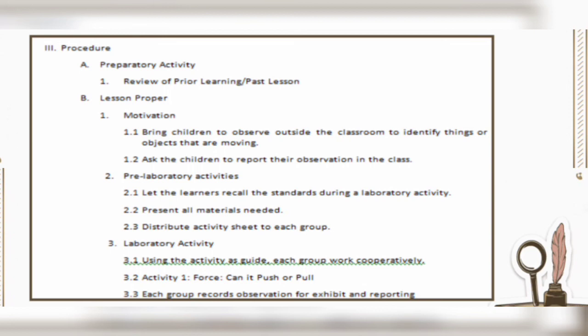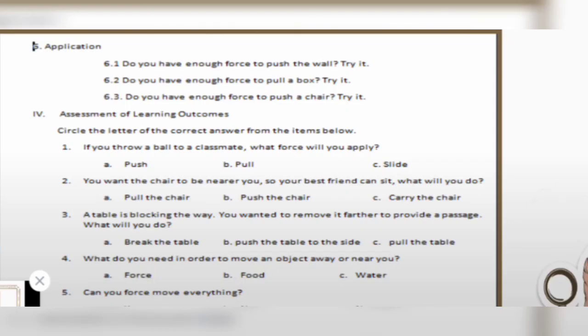So in short, procedure is the step-by-step instruction for the students from the start of the class until the end of the class. Next, the application. Application means you apply it to them through physical activity. Number 4, the assessment of learning outcomes.